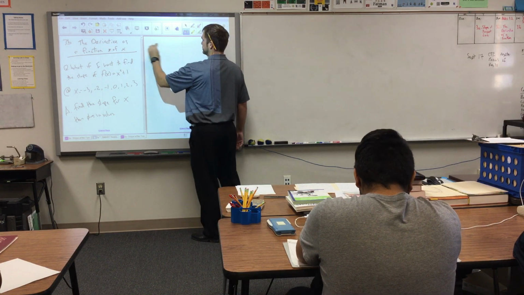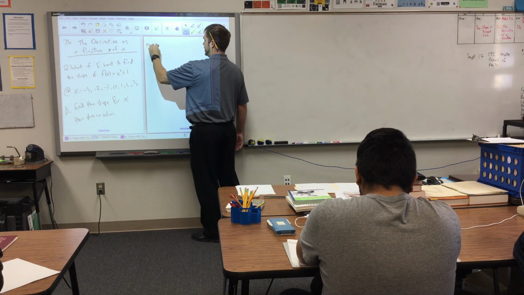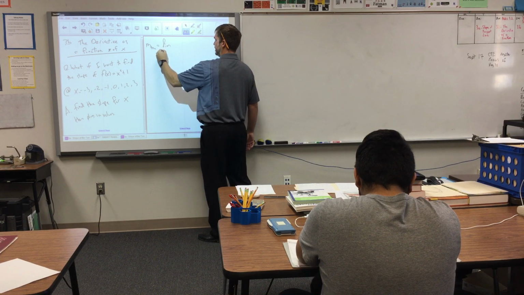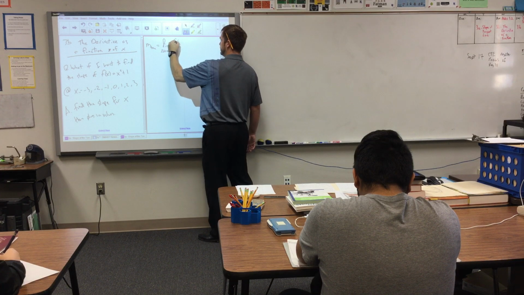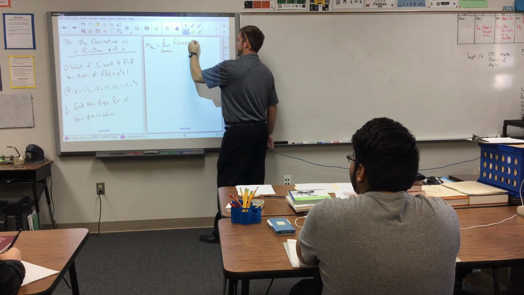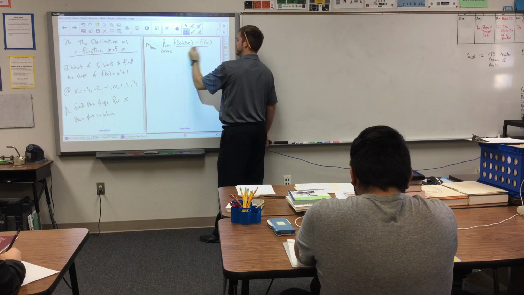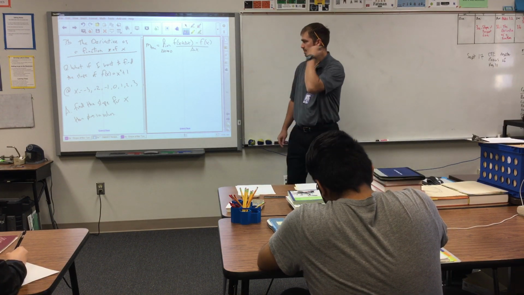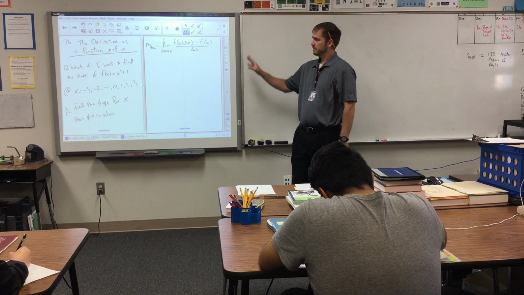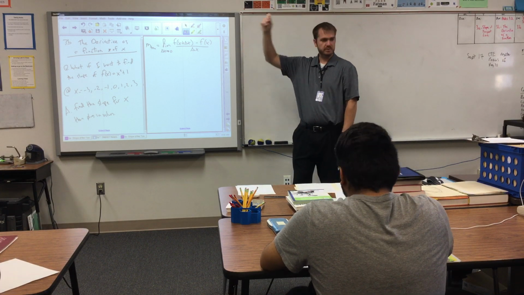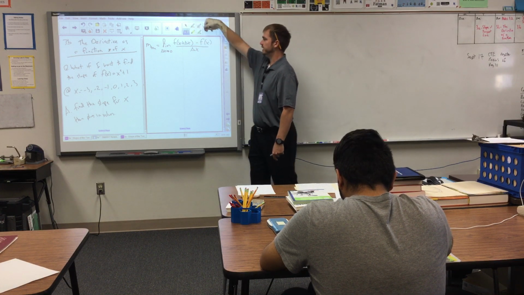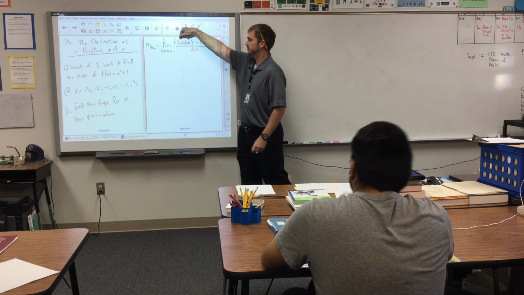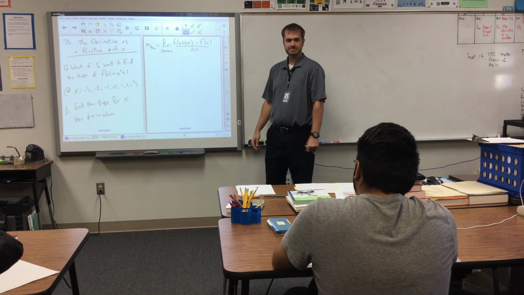So the slope of the tangent line at x is the limit as delta x approaches 0 of f of x plus delta x minus f of x, all over delta x. So now when we do this, instead of plugging in a number, plugging in -3 right there, I'm just going to plug in x. Okay, there, just did, plugged in x.